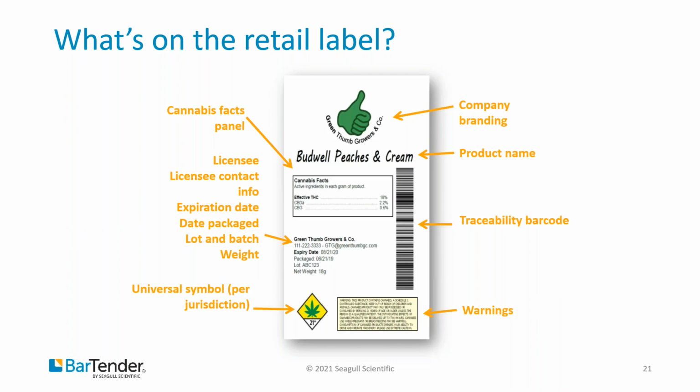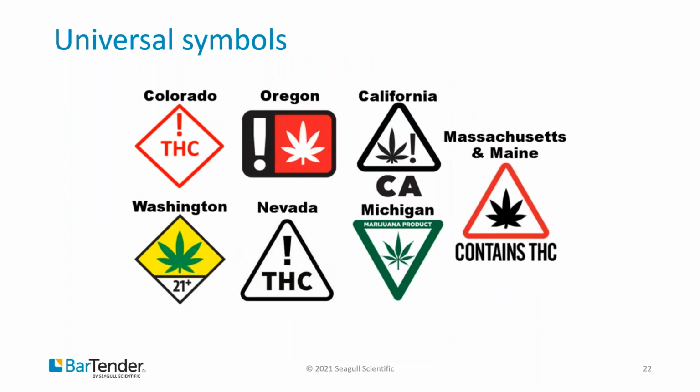Here's a fun fact. Washington was the first to require state approval of packaging, and that was controversial enough that in 2014, the New York Times featured an article that focused on the First Amendment implications. Now this state approval of labeling is just considered standard practice. And so because we can't sell state to state, there needs to be a certain amount of variable data on the label.